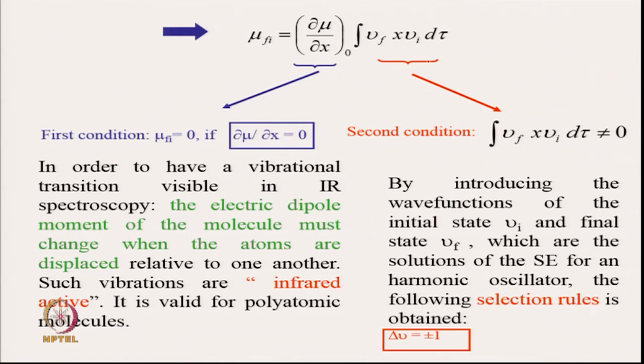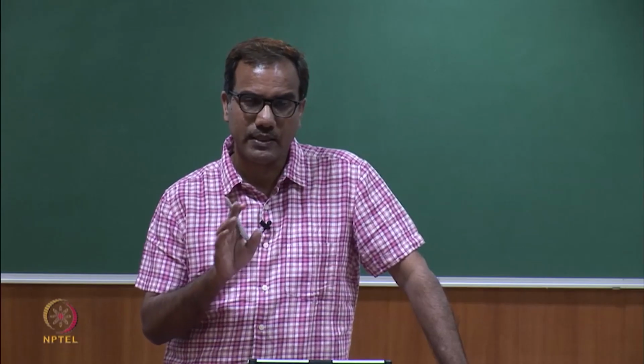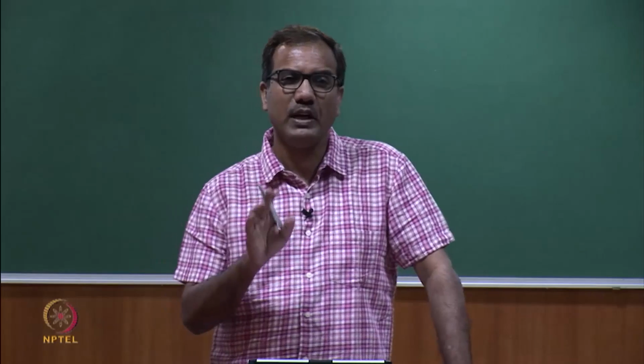What does this represent? This represents that if x changes, mu is not changing. If it is not changing, it means del mu by del x is equal to 0. If it is changing, then it will not be 0.